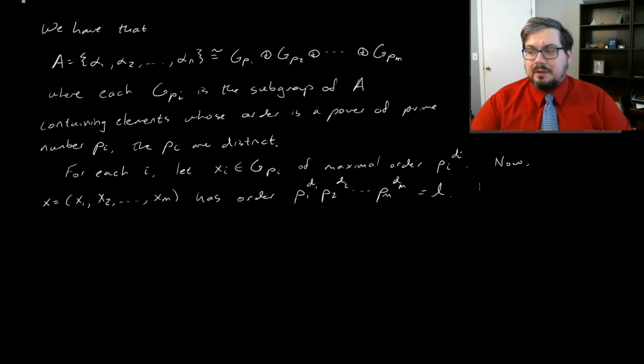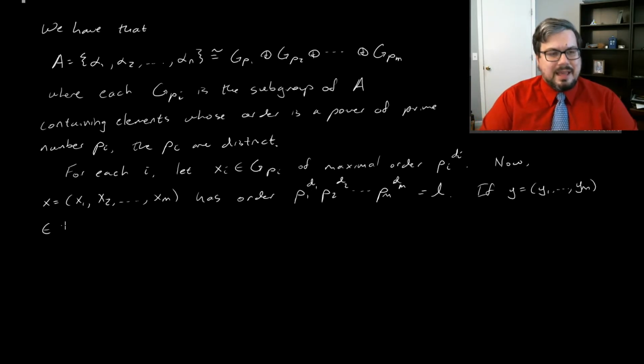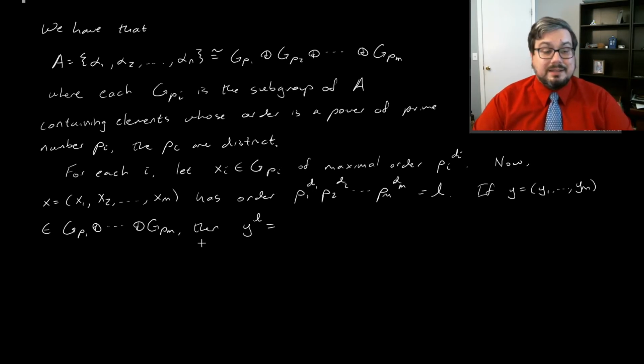Now, also, if y, which is y1 through ym, is any element of this direct product G_{p1} up through G_{pm}, then y to the L is equal to the identity.